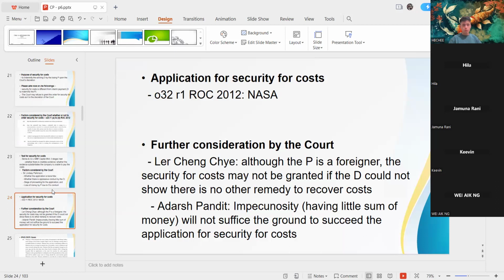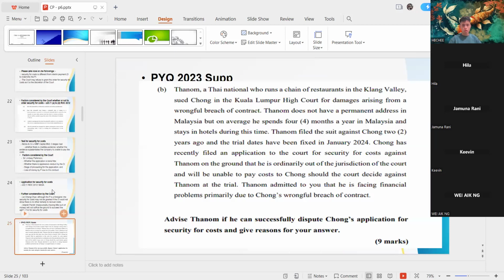Okay, for this chapter, I would say it's quite straightforward to me. It's quite straightforward because when you're looking at the questions, right, you see this is the last year paper, and then you see a Thai national having this and that, and then he does not have a permanent address. An average spending 4 months a year in Malaysia and stay in the hotel.